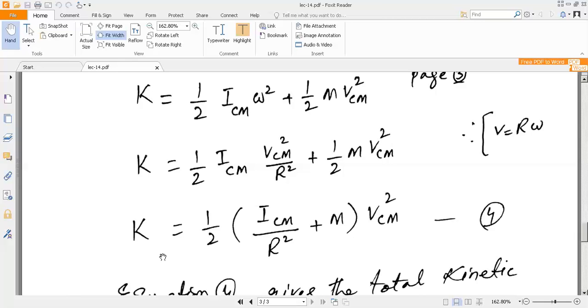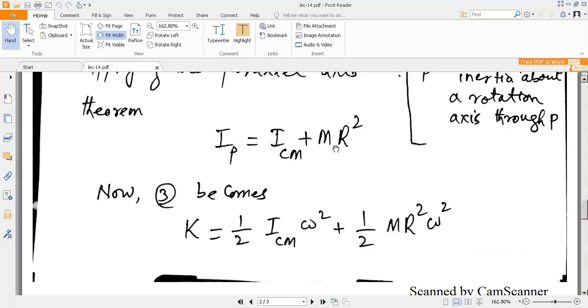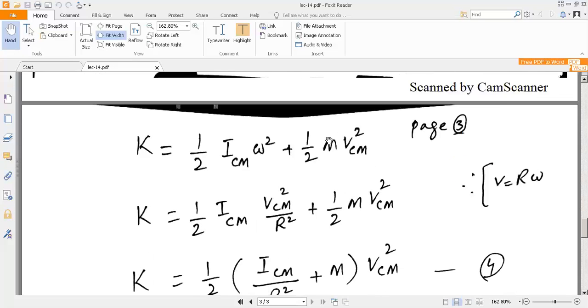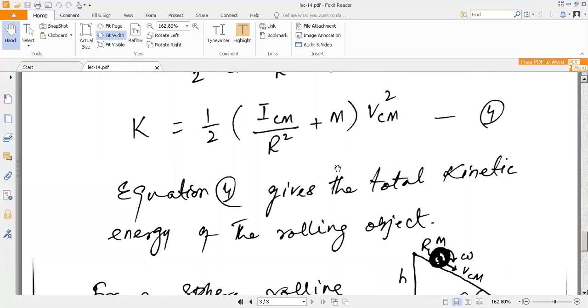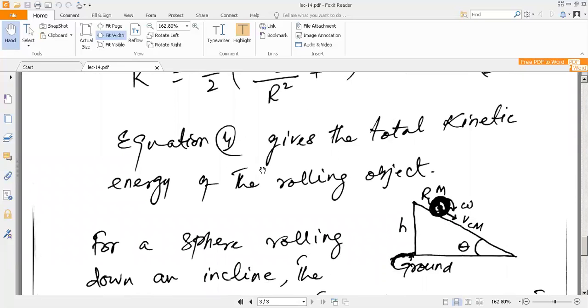When the axis of rotation is assumed to pass through the center of mass, then Ip will become equal to Icm, and this second term will become equal to 0 since this r will become 0. This is the perpendicular distance between the pivot point and the center of mass, and the equation 4 will become modified accordingly. We say that equation 4 gives the total kinetic energy of the rolling object.